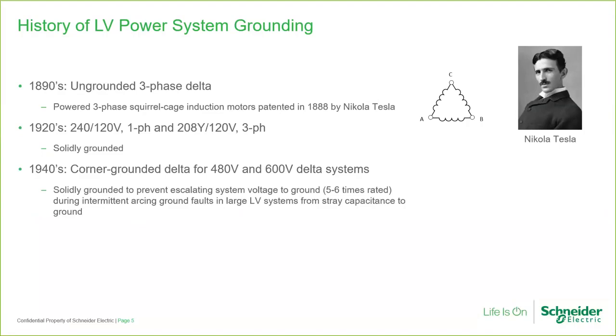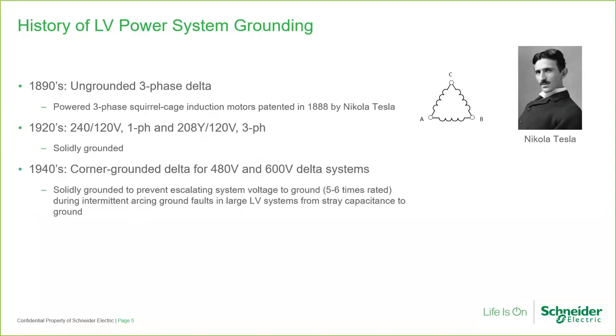So the first systems after Nikola Tesla patented the squirrel cage induction motor, the first electrical distribution systems are thought to have been ungrounded delta because only 3 wires were required. In the 1920s, solidly grounded low voltage systems, single phase 120/240 or 3-phase 120/208 volt, became popular.